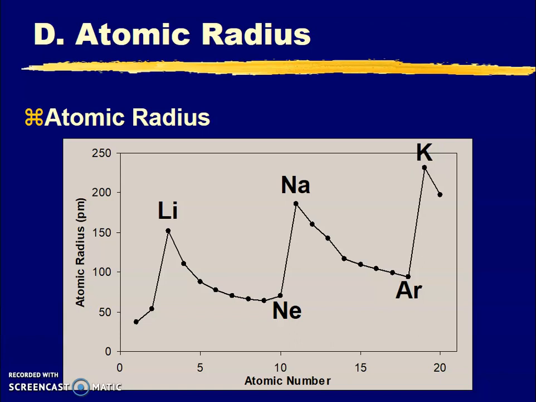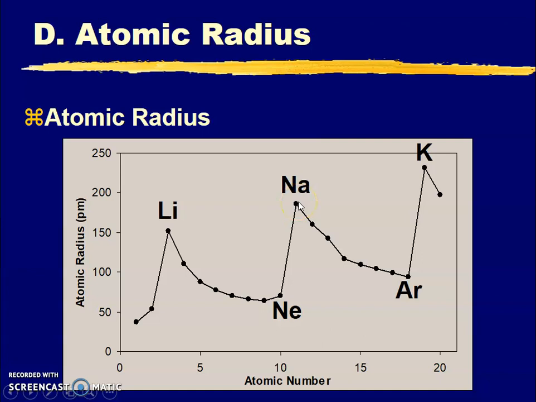Let's get more specific. Here is the atomic radius. Here's a graph, and we have some of these labeled. Lithium is the first element on a period, and as you can see, the radius is graphed, and as you go across the period, the radius gets smaller, and then it jumps back up. This is a new period. This is sodium.